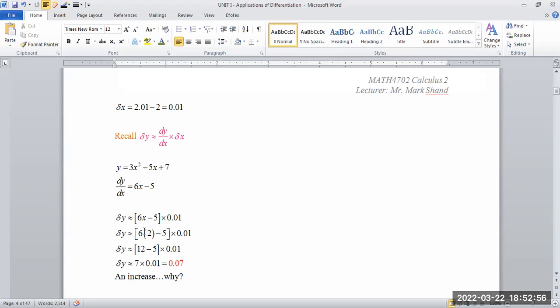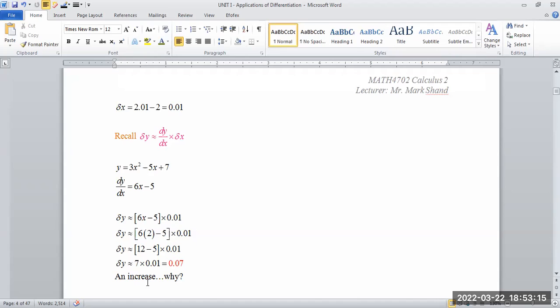I substitute 2 into the function. I'm going to end up with 6 times 2 is 12, minus 5 is 7, times the 0.01, which will give me 0.07. And it's an increase because the value is positive.